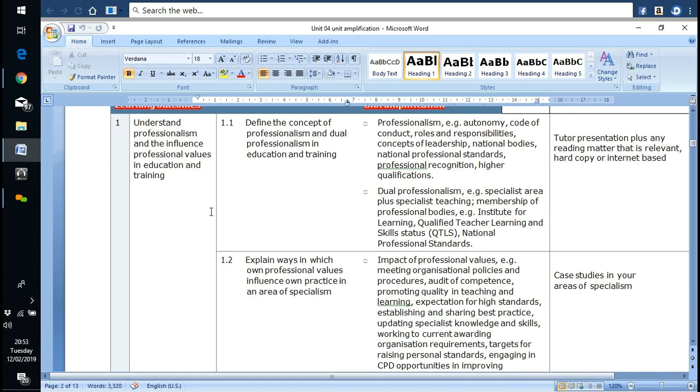Dual professionalism: if you are working in a particular industry, as you are in music, well, we said that this was particularly relevant for me because you bring relevant experience back into what you're teaching. It's also a professionalism as well.